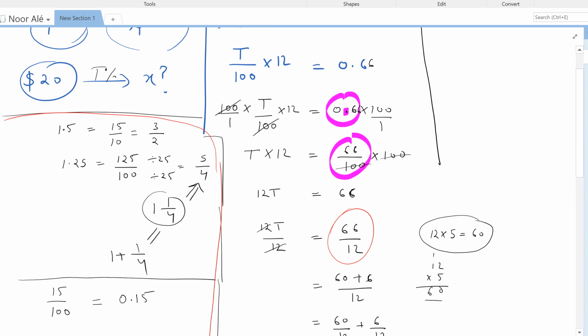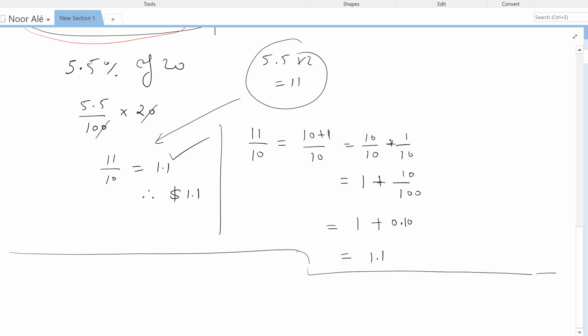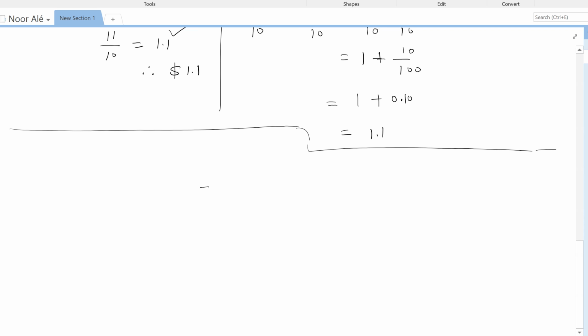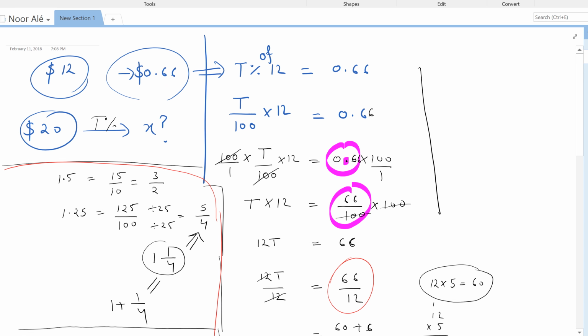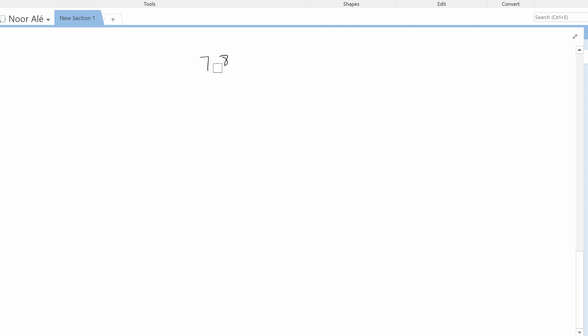Let's do 78, 7.8. All right, so let's assume your purchase is worth $12 and you're paying $0.78 as a tax, right?